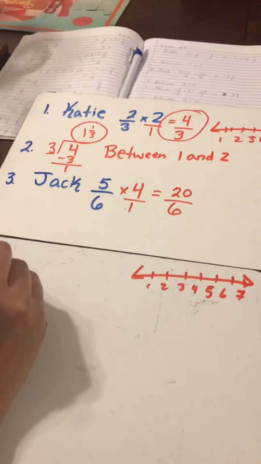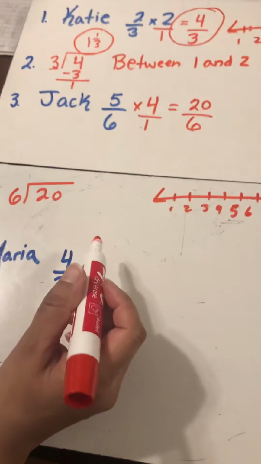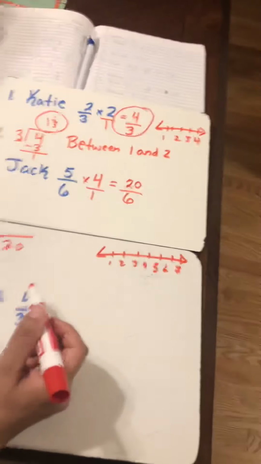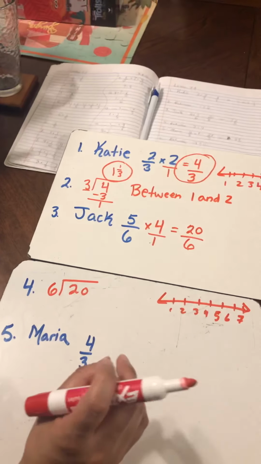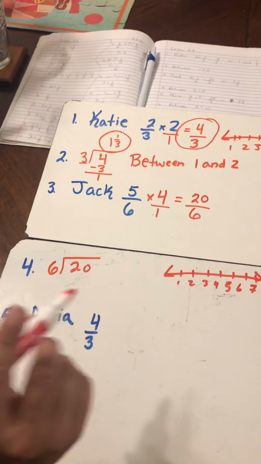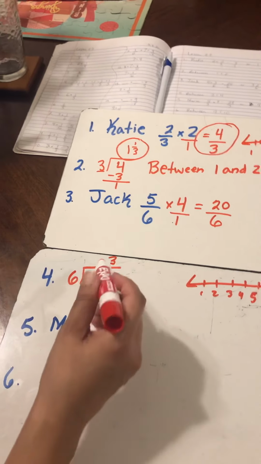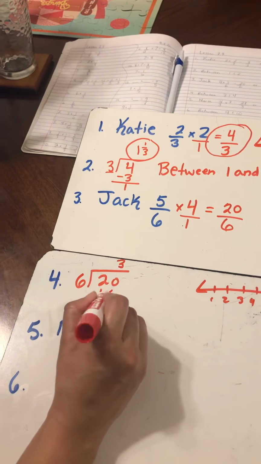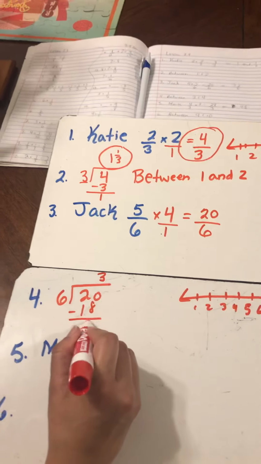Okay? So the easiest way to do that is to divide. So I'm going to divide 20 divided by 6. Now, think about the 6 times tables. On the 6 times tables, what number is closest to number 20? You have 6, 12, 18, right? So I multiply 3, because 3 times 6 will give me 18. And then I subtract. 20 minus 18 is 2.